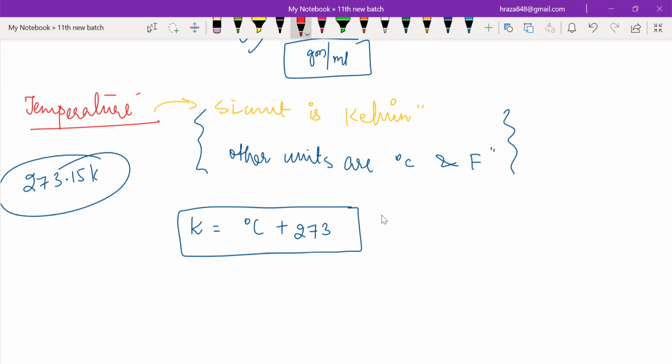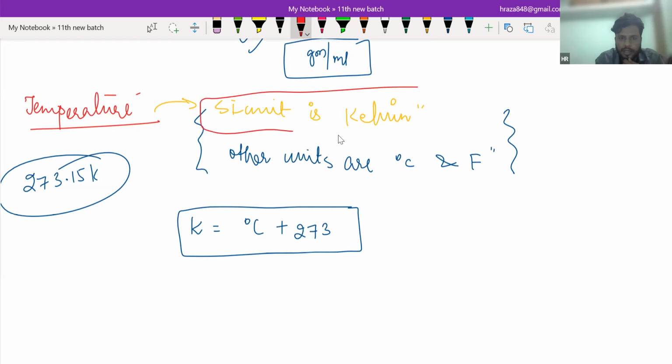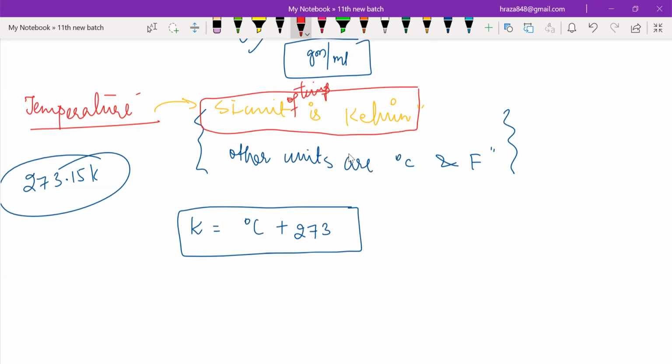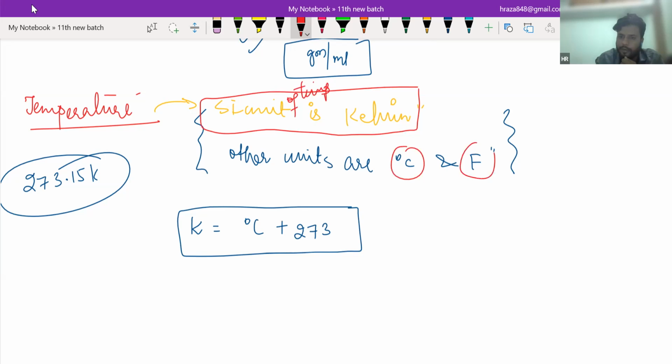Now, what I was telling you is that the SI unit of temperature is Kelvin. Other units are degree centigrade and Fahrenheit. We have to know the conversions.